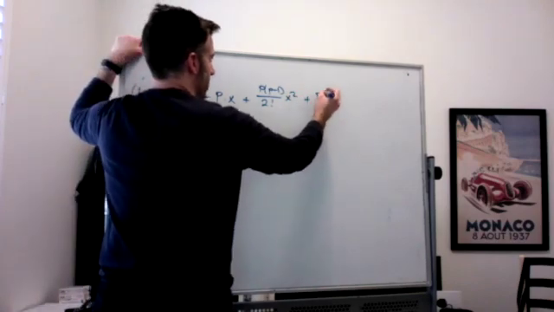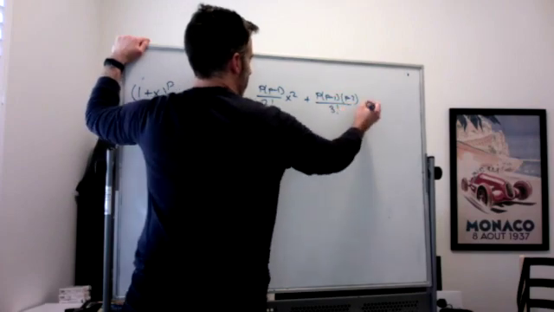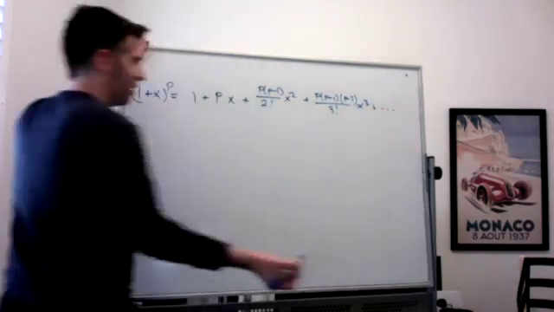The next one is p times p minus 1 times p minus 2 over 3 factorial times x cubed. And it just goes on like that.